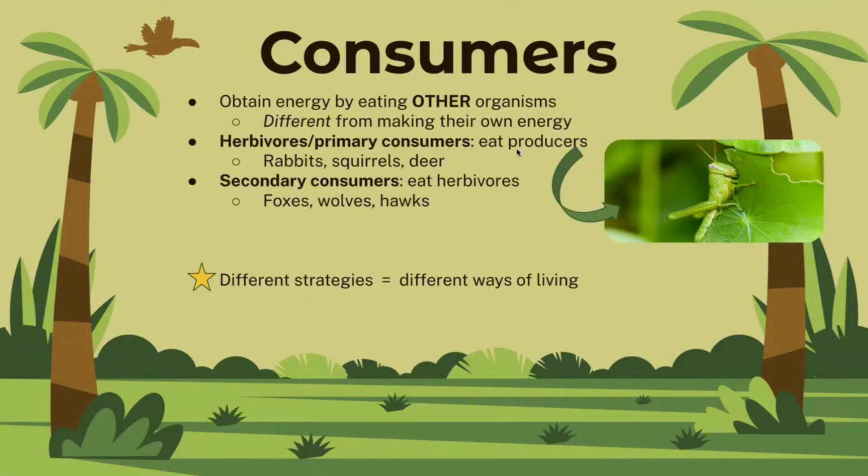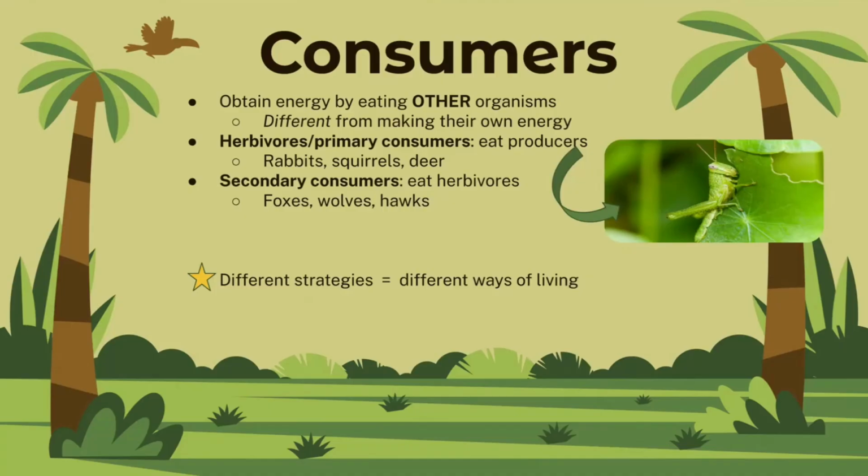Now, one important idea to point out here is that different strategies for obtaining energy cause different ways of living. Why? Well, producers need to harvest the sun's energy, so they have to stay in place. That's why people don't think it's living, even though it's really living, because it doesn't move at all. It needs to stay there to get as much sun as possible, and it grows up and up until it can get as much light as it can.